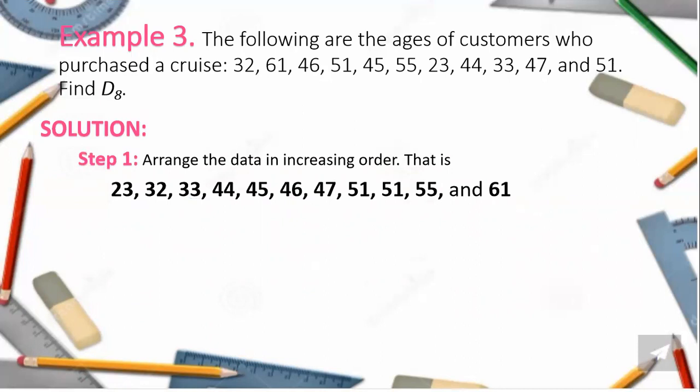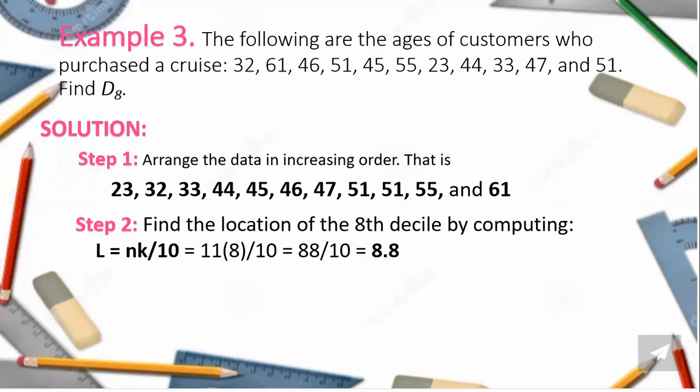Step 1, we arrange the data in increasing order of magnitude. So we have the lowest value, 23, followed by 32, 33, and so on, and the highest value is 61. All in all, we have 11 observations.